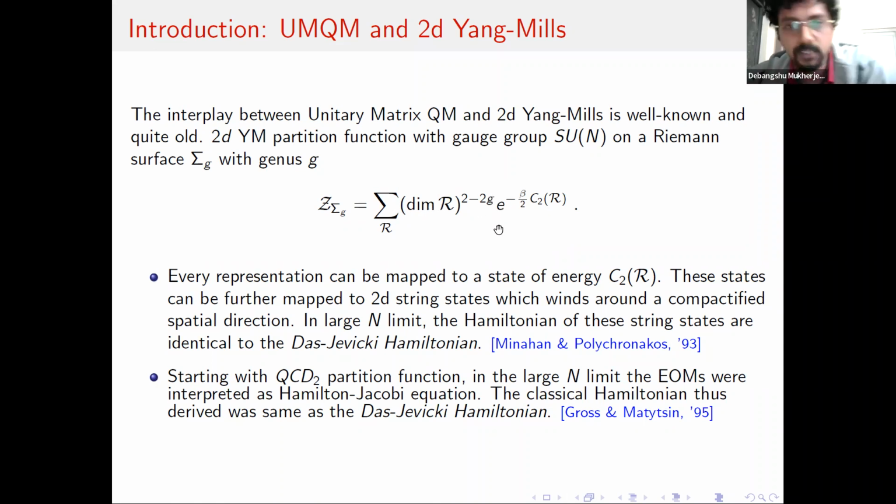G is, as I just mentioned, the genus of the Riemann surface. C2 is the quadratic Casimir of the corresponding representation, and this beta factor is a parameter in which I have repackaged the temperature, the time, and also the area of the manifold over which we are evaluating.